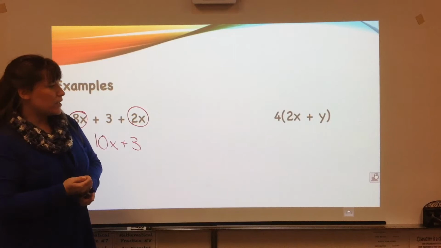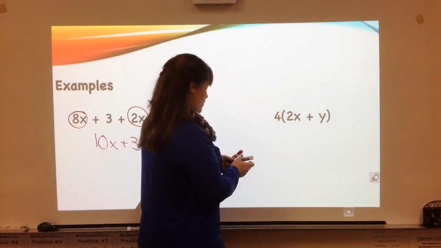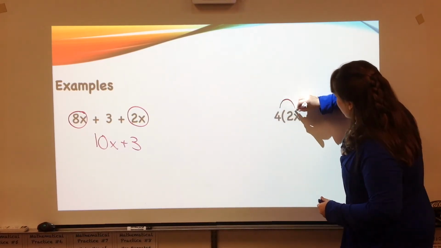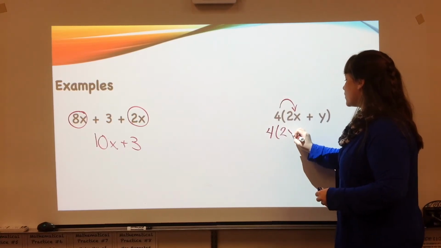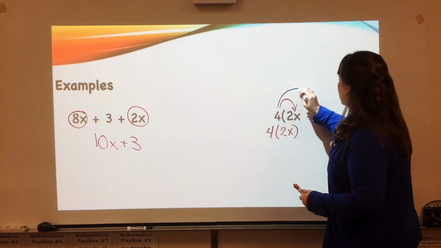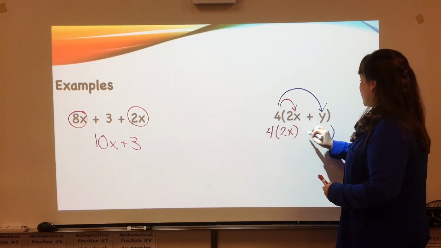The last one is an example of the distributive property. So I'm going to take my 2 colors and I'm going to draw my 2 arrows from the 4 to the 2x. That means I'm going to multiply. Then I'm going to take my 4 and my y and I'm going to combine that as well. I'm going to add.